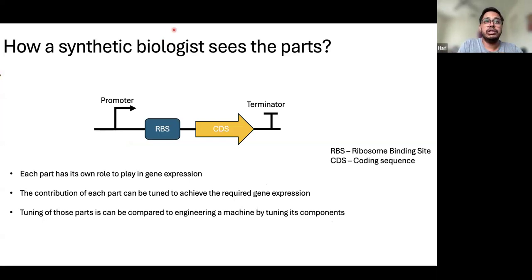We can also engineer the parts to be more attractive, or to increase the probability of expression of genes. I will talk about each of the parts in a bit more detail now.